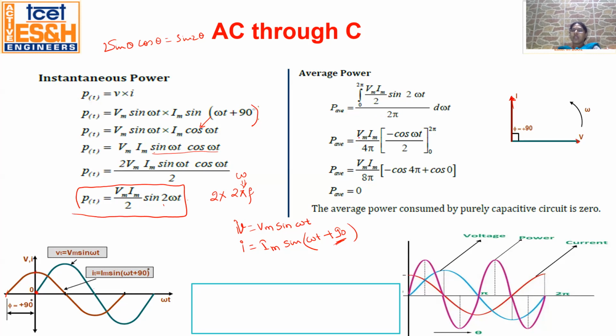So here Vm Im by 4 pi, minus cos 2 omega t by 2, from 0 to 2 pi. When you put in the limits, cos 4 pi and cos 0 give the same value, so the result is 0. So average power across the capacitor is also 0.